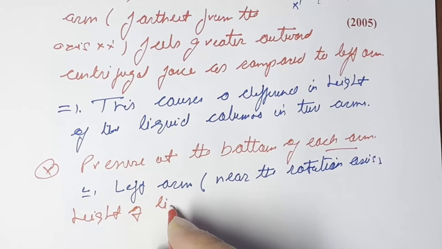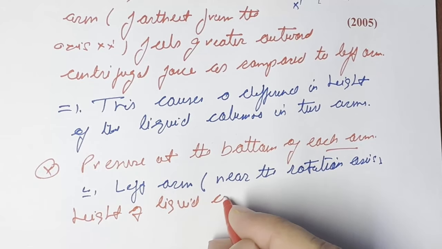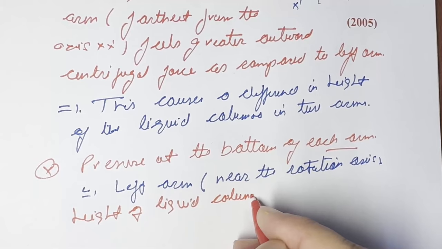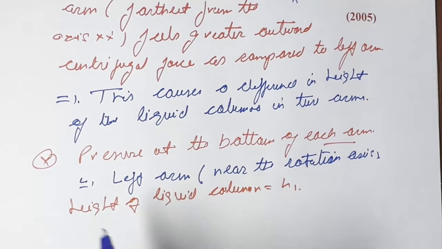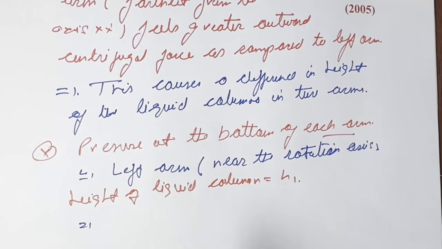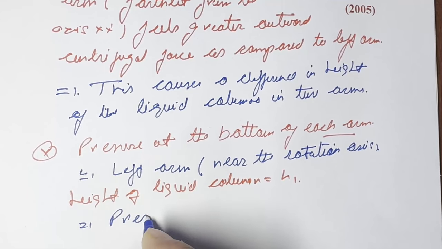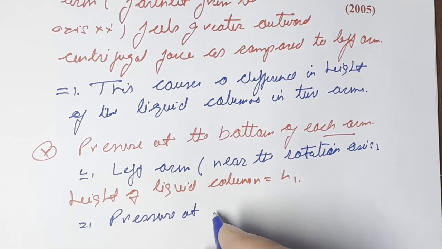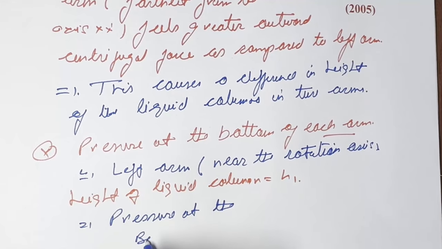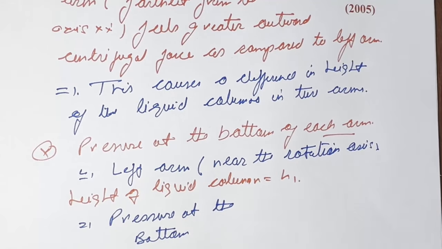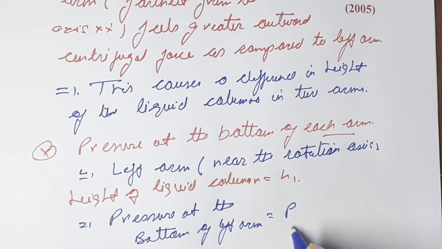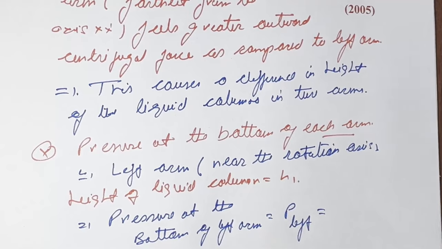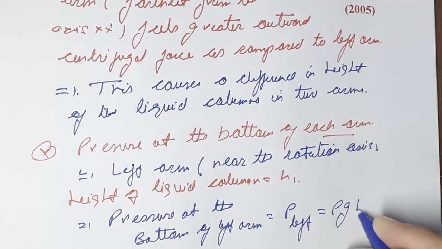Therefore, the pressure at the bottom of the left arm, let us call this P left, will be equal to rho g h1.